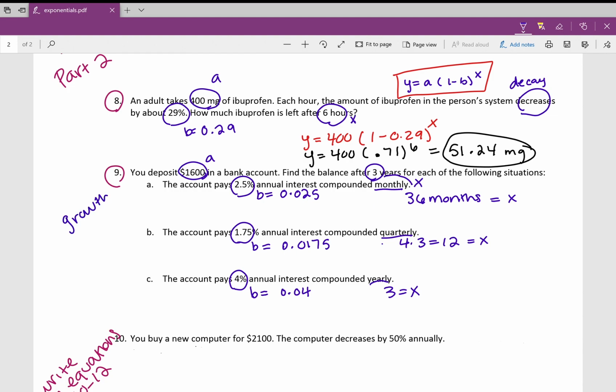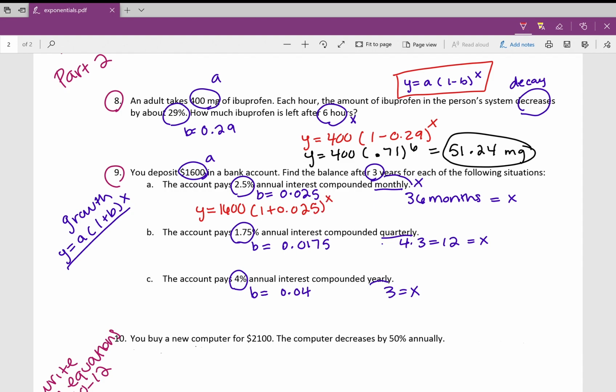And remember, our formula for growth is y equals a(1 plus b)^x. So let's write our equation first, and remember our equation is in terms of y and x. For this first one, y equals a, which is 1600, times (1 plus b, which is 0.025) to the power of x.